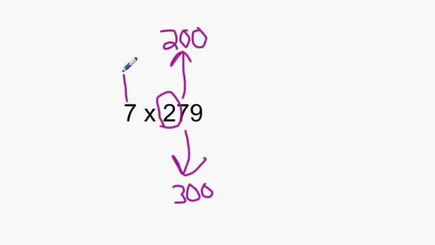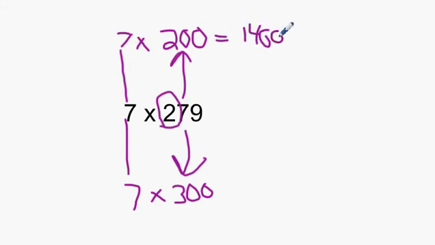We're just going to do the same thing. We're going to take that 7 and multiply it by 200, and take this 7 and multiply it by 300. Remember what I said before in previous videos, 7 times 2 is 14 hundreds, and that 1 is in the thousands place. And this one is 7 times 3 in the hundreds place. We know that's 21. Oops, that's not correct, Mr. Chandler, that doesn't make any sense.